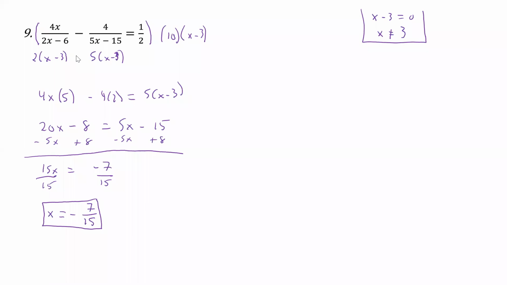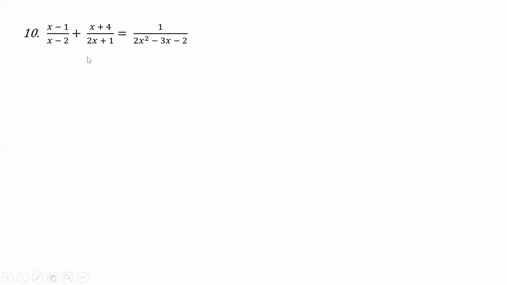All right, so our next one. Here we have an x minus 2, a 2x plus 1, and let's see what this factors out to be. Probably a 2x plus 1 and an x minus 2. Let's check. That's a minus 4 plus 1 is minus 3, then minus 2. So that looks to be the denominator factored.